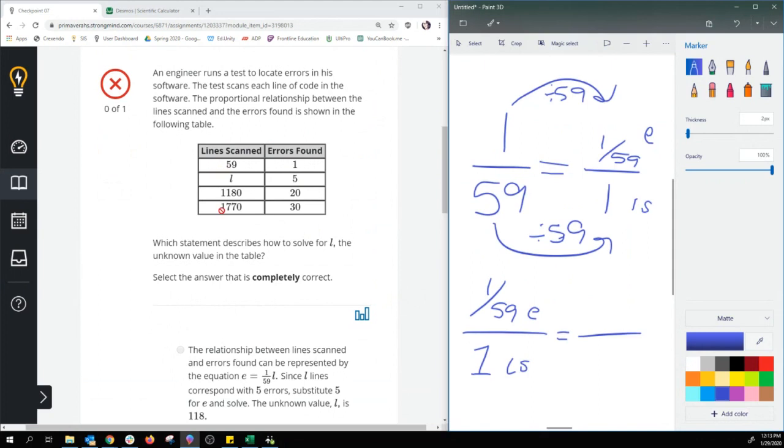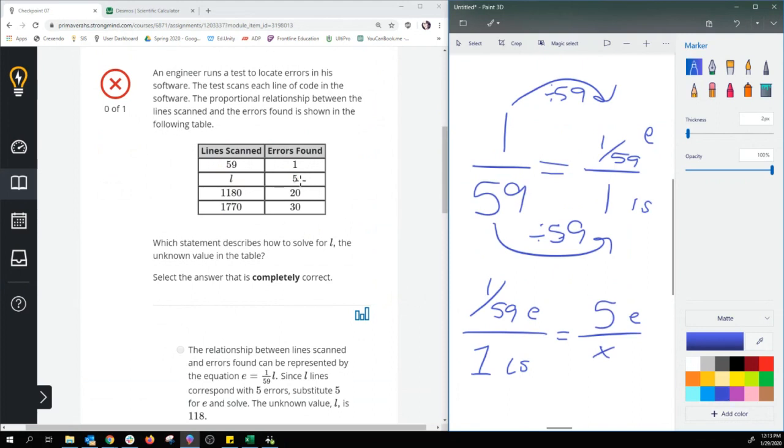When I look at L on this table, how many errors were found? So if L is here, I don't know how many lines were scanned, but I know that there were this many errors found. 5, perfect. So 5 is going to go up top for errors, and I don't know how many lines were scanned, so I'm going to put an X here, because I know there has to be something, but I don't know which.